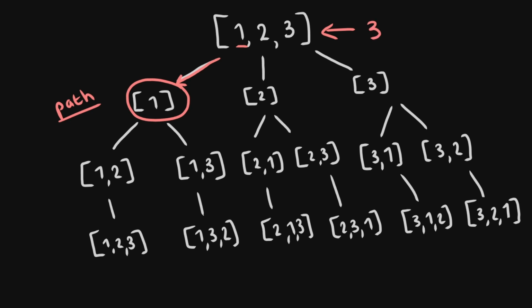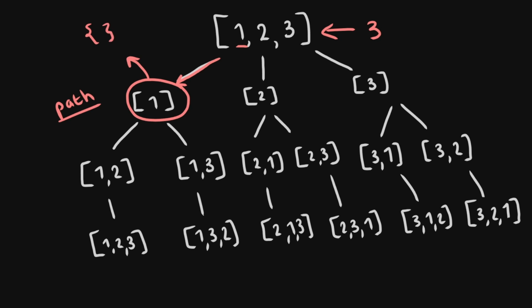As long as we're not at a length of 3, we know we can keep going with the other elements. So now we can store this in some set to tell us that we've already visited 1, so that we don't visit it again.